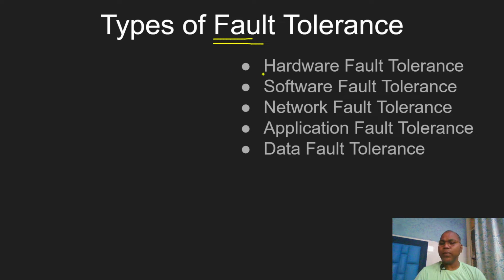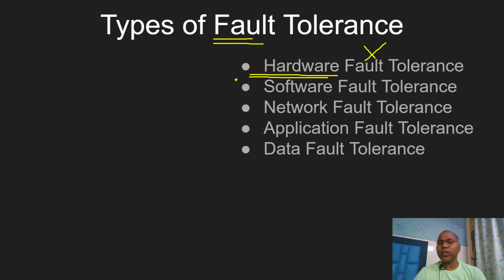First, whatever hardware you are using, maybe CPU, RAM, hard disk, cable wire, router, any kind of hardware, there is a chance that it can be faulty, that it can crash, or not function at a particular event, maybe a power outage or network cable crash.